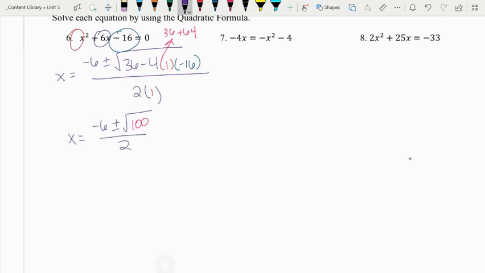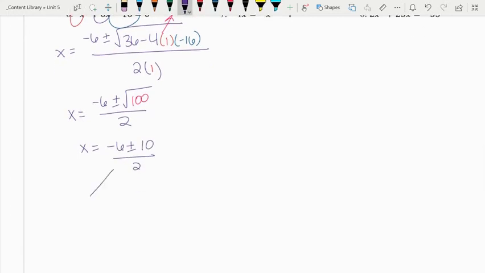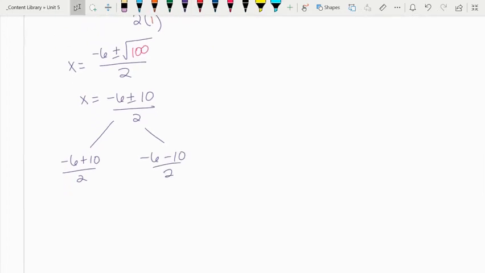So now what we really have is -6 plus or minus 10 over 2. And we can do separate things: -6 plus 10 divided by 2 and -6 minus 10 divided by 2. So in the first one, we'd get 4 divided by 2, which is 2. And then the second one is -16 divided by 2, which is -8.